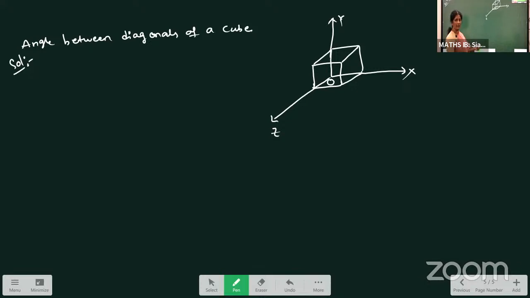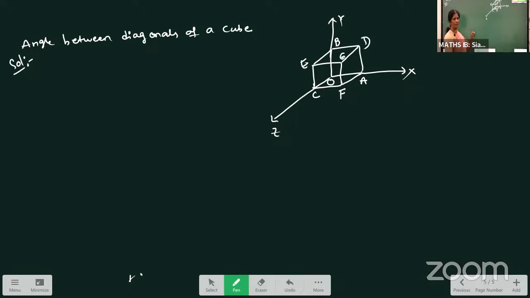Now how to name it? On the x-axis, take A. On the y-axis, take B. On the z-axis, take C. Again, between x and y, D. Y and z, E. And x and z, F. All three, G. Now what is our cube?